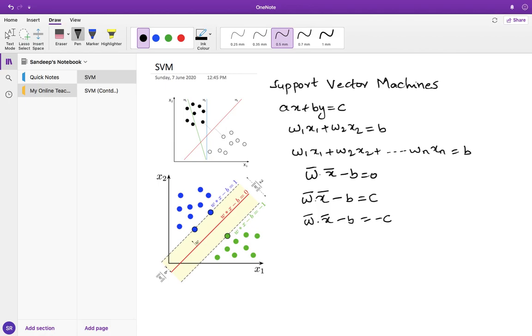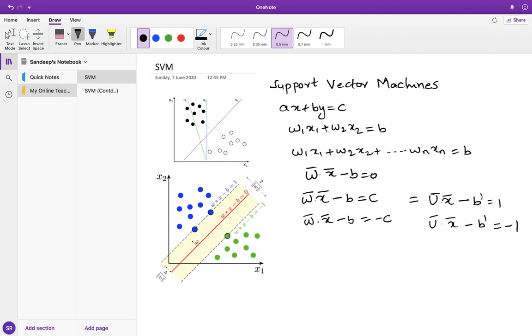What I will do here is bring this c to this side. It becomes u bar dot x bar, this is also a dot product, minus b bar is equal to 1. What is u bar here? u bar is w divided by c. So u bar dot x bar minus b bar is equal to minus 1 for the other class, and b bar is nothing but b divided by c.